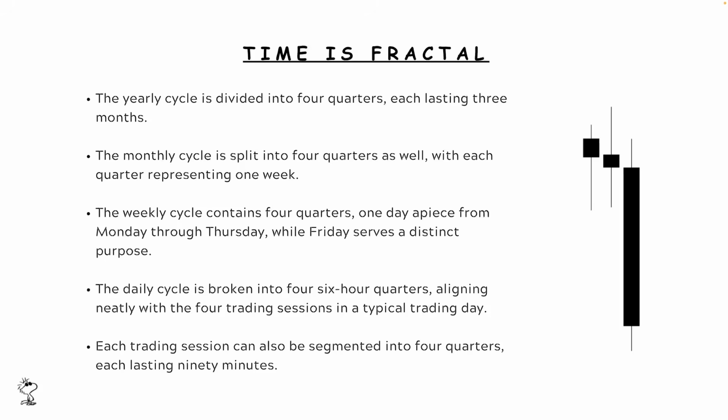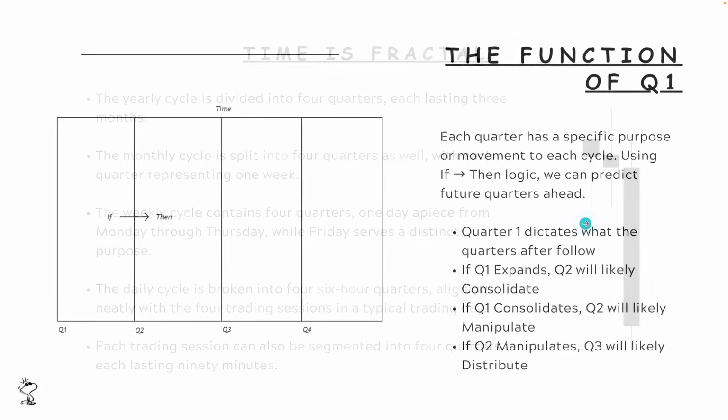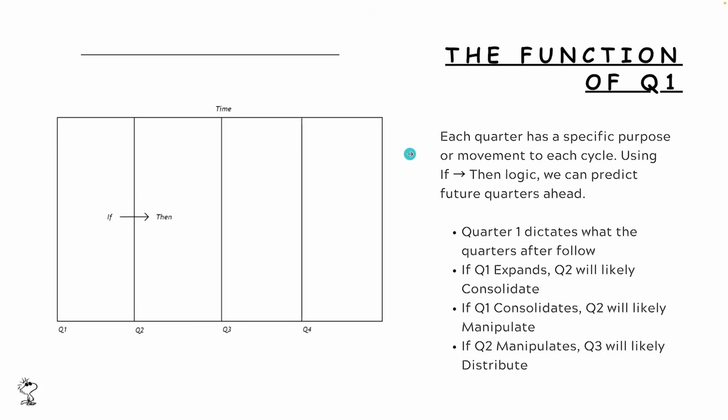Obviously, Friday has its distinct purpose. Between each day, there are four sessions. And between each session, being 6 hours long, there are four 90-minute quarters. You can technically go a lot lower and reference microcycles, which are 22.5 minutes long, between each 90 minutes.